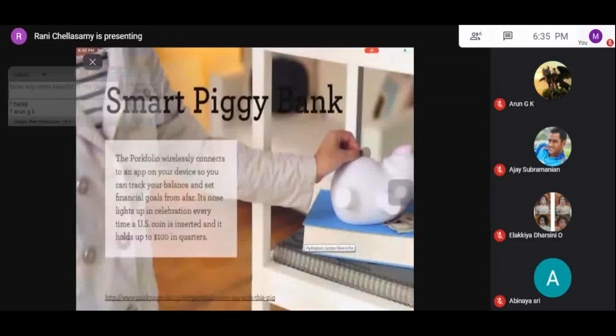It wirelessly connects to an application on your device, so you can track your balance, how much amount you have saved, and set financial goals and so forth. It lights up in celebration every time a coin is inserted. Likewise, some celebration of the amount saved in this piggy bank will delight the user. Okay.